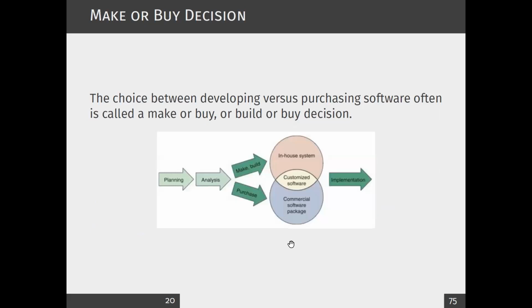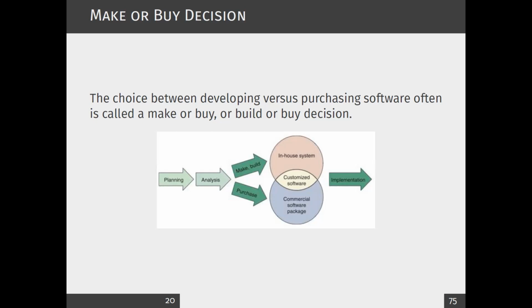So the make or buy decision is something we often have to make. For example, once during our life cycle, we started our information system by planning and analyzing, and then we have to make the decision whether we are going to make or whether we are going to purchase.